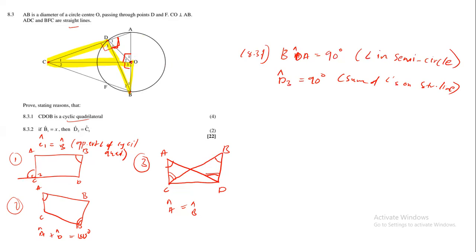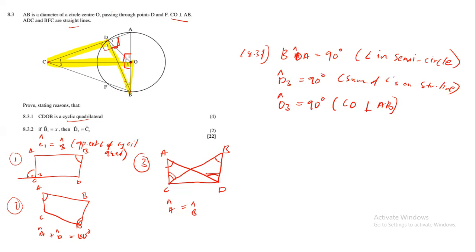And therefore, I move to this straight line, which is AD, my diameter. And I'm going to say angle O3 is equals to 90 degrees. You don't even have to give a reason, but you can give your reason and say CO is perpendicular to AB, which was provided in the statement.